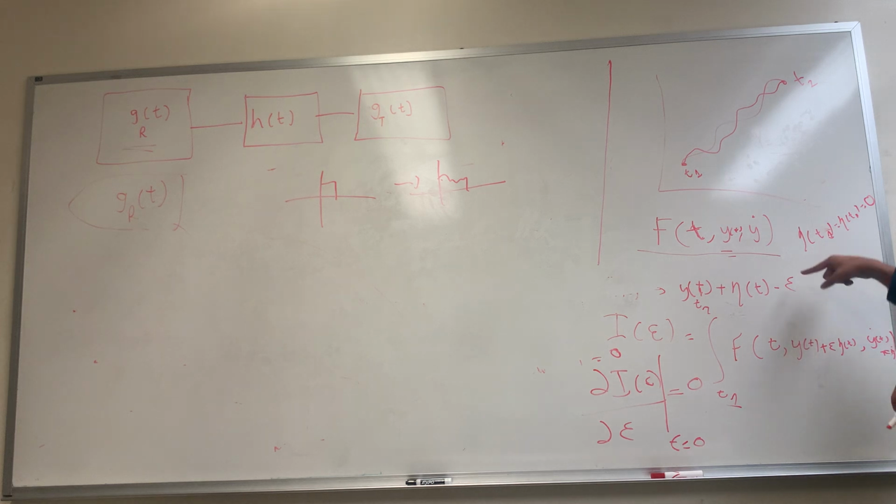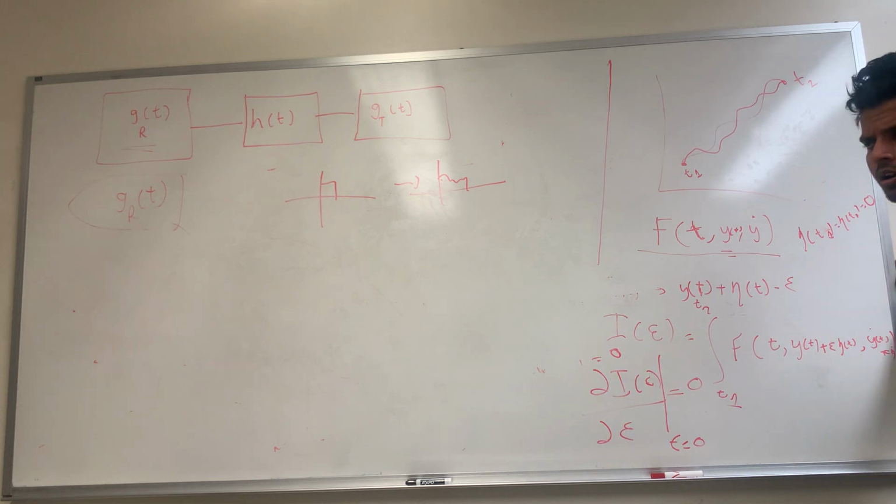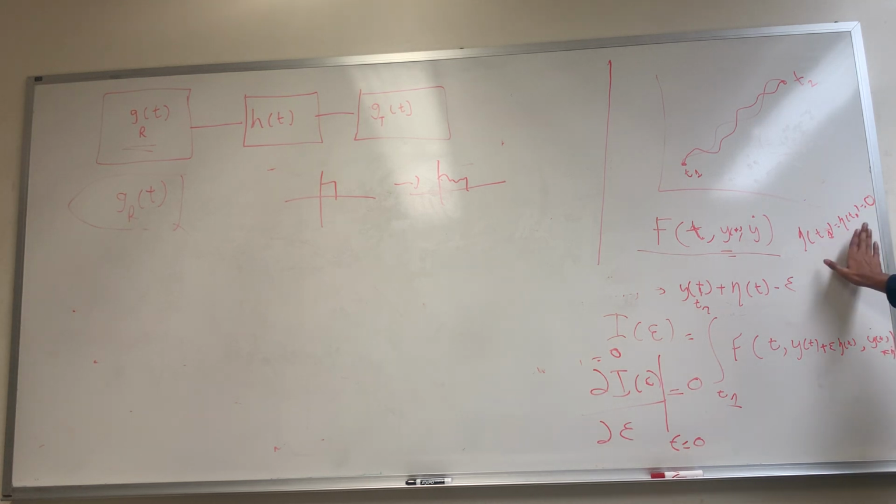When epsilon tends to 0, it maps to this function. The choice of eta of t is such that it's differentiable. That's really important from calculus, when they talk about Rolle's mean value theorem or Lagrange mean value theorem. It comes from this. So it's really important that the boundary conditions are 0 and it's differentiable.